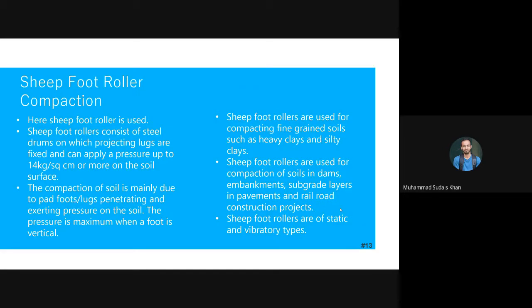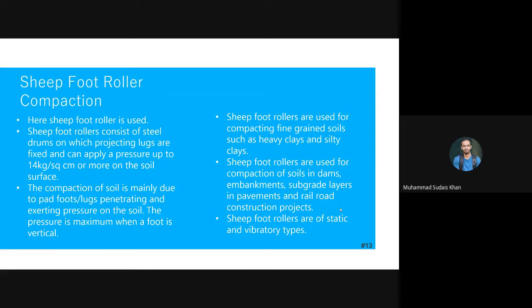The next technique which can be used for soil compaction is by using a sheep foot roller. A sheep foot roller again has a huge drum, but in this case the drum has spikes or lugs coming out of it, due to which we can get more pressure on the soil.